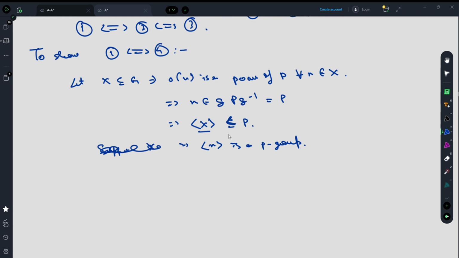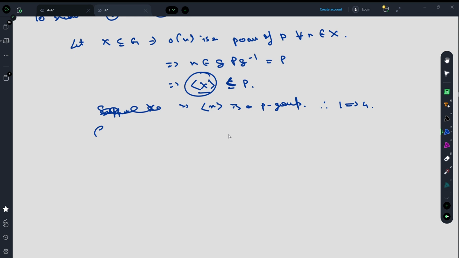This holds from Lagrange's theorem, because if this group is contained in P, indeed it's a subgroup of P, right? It's a subgroup of G, and P is also a subgroup of G, so by transitivity it holds. But then a subgroup of P will have order some power of P, by Lagrange's theorem. Therefore this is a P group, right? Therefore 1 implies 4.